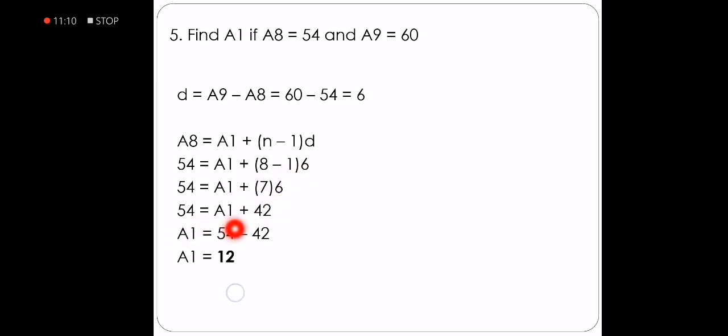So 54 equals a sub 1, whose value we still don't know, plus 42. I will move 42 to the other side so we can evaluate. So a sub 1 equals 54 minus 42, and a sub 1 equals 12.